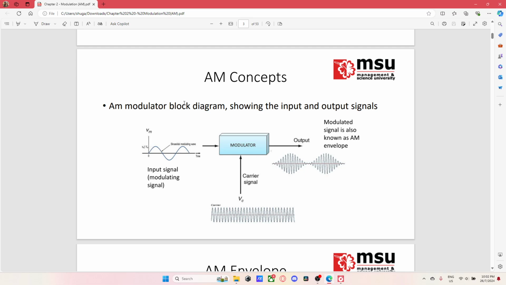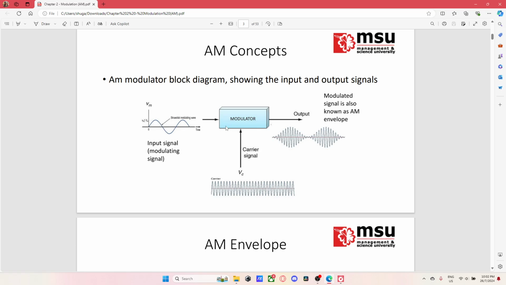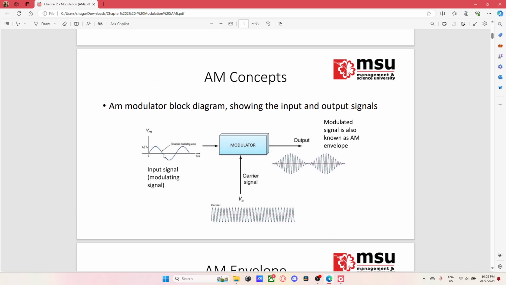From our previous block diagram, it shows that there is a modulator in both the transmitter and the receiver. This is used to change the input to a different output signal. As you can see, there are the modulating signal and the carrier signal, and they change into a different shape.